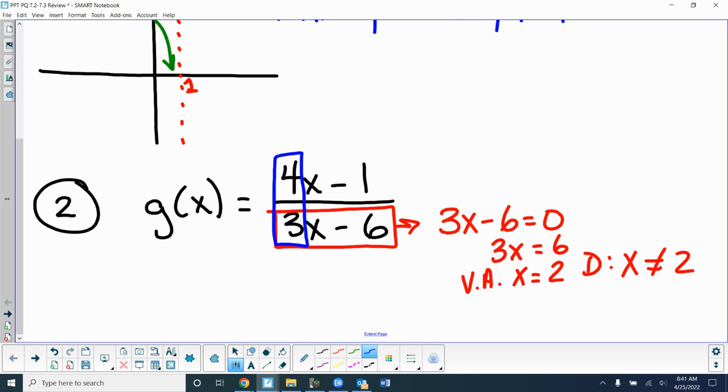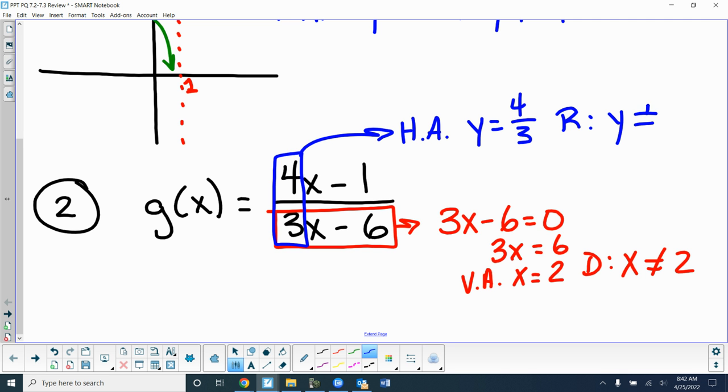So it's the top coefficient divided by the bottom coefficient. My horizontal asymptote is y equals 4/3. Okay? And then my range, which you didn't have to do for this one, is y cannot equal 4/3.